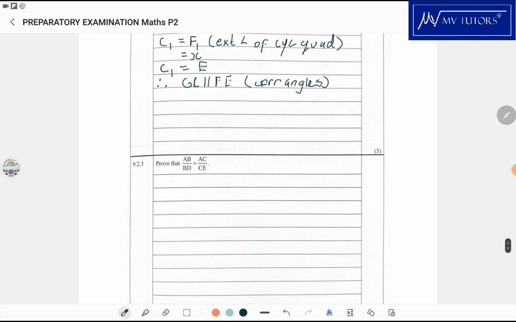It was AB over BD, that was equal to AG over GF.